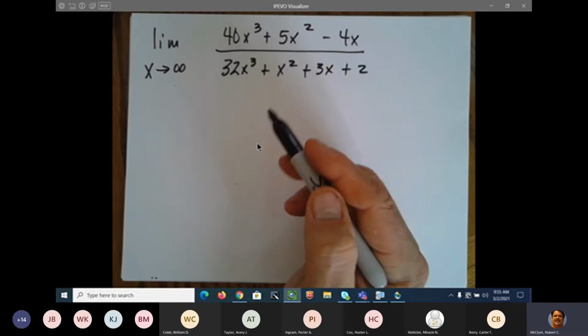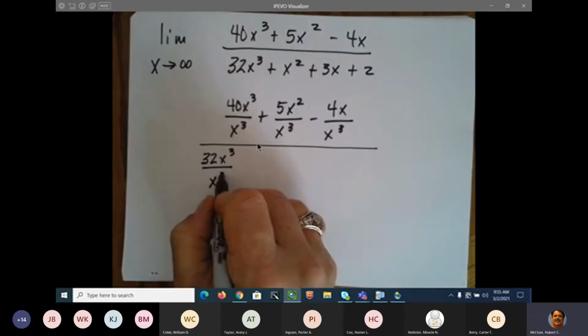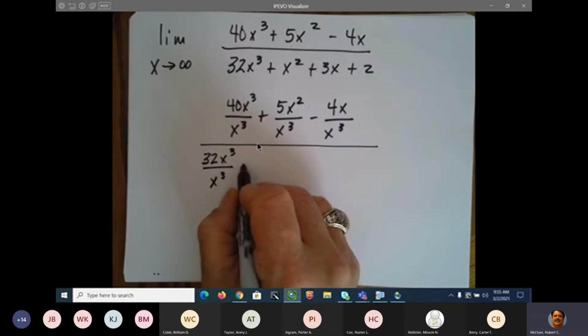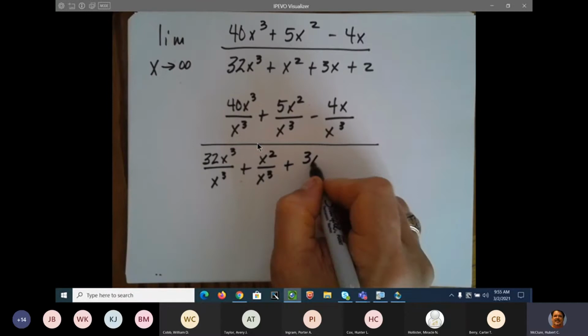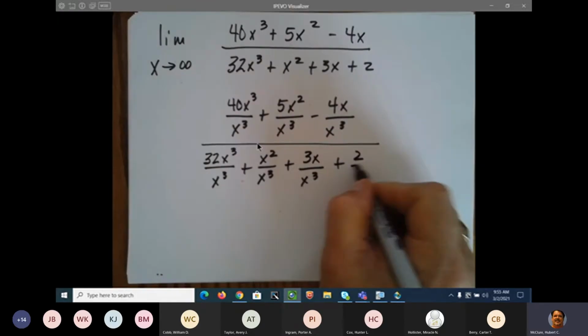So 40x cubed divided by x cubed plus 5x squared divided by x cubed minus 4x divided by x cubed. And yes, I'm doing it step by step because I don't want to make a careless mistake. I don't think I know everything, so I don't try to do everything in one step. Plus x squared divided by x cubed plus 3x over x cubed plus 2 over x cubed.